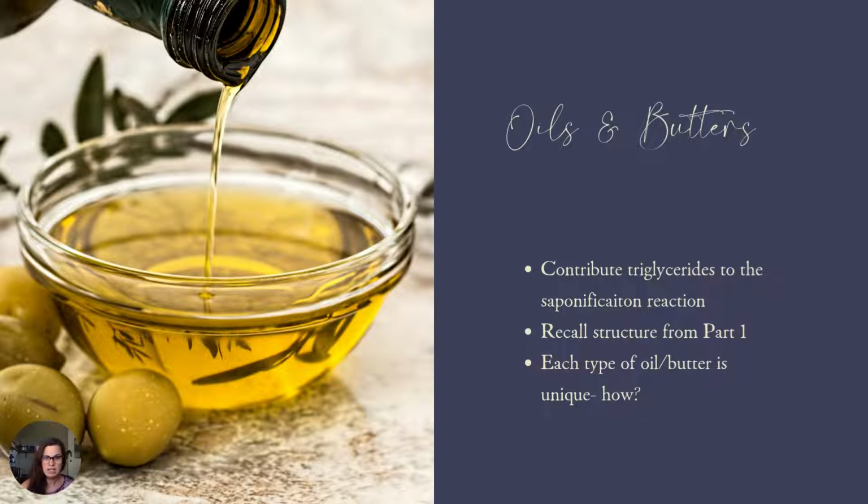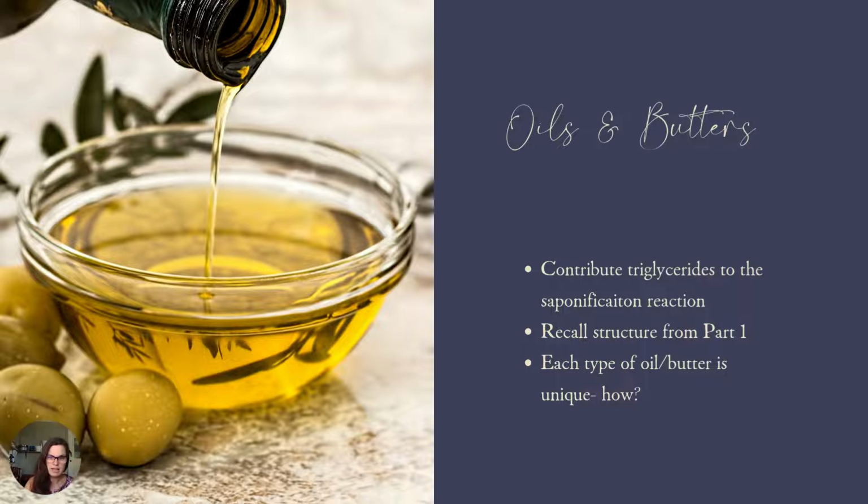In the first section, we talked about the structure of soap and the structure of our products and reactants. Our oils and butters are contributing what's called a triglyceride. Our triglycerides have a glycerin backbone. That's where the glyceride part comes from. And then tri is because there are three fatty acid tails.